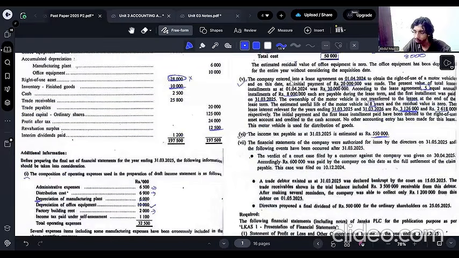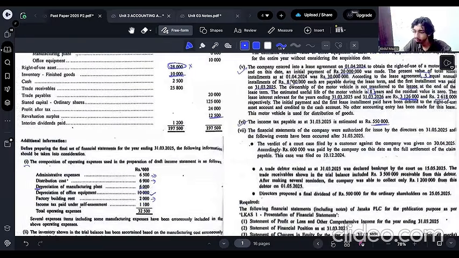Then the last adjustment. The financial statements of the company were authorized for issue by the directors on 31st of May, and the following events have occurred after 31st March. So events after the reporting period, LKS 10. Okay. The verdict of a court case filed by a customer against the company was given on 30th of April 2025.